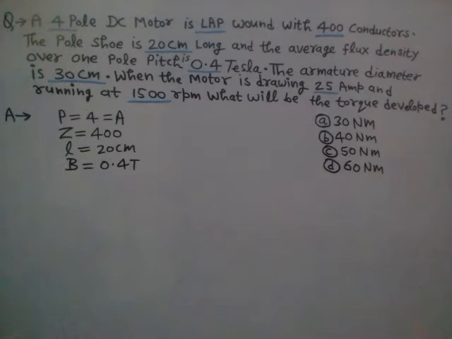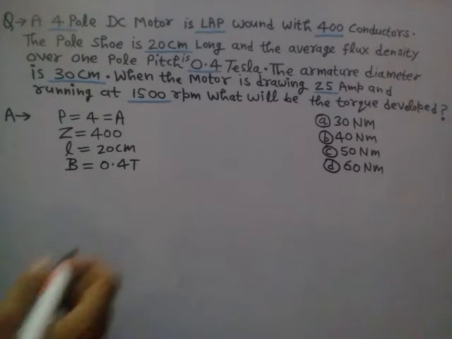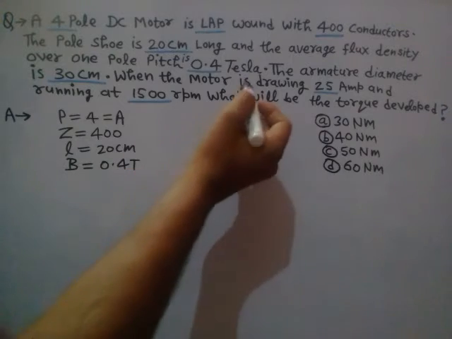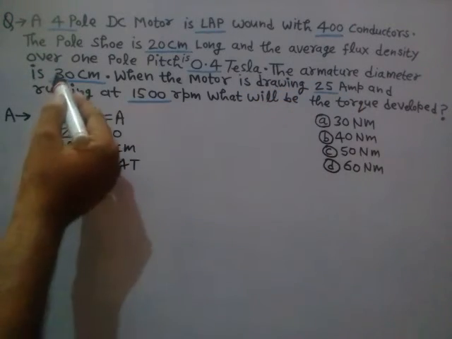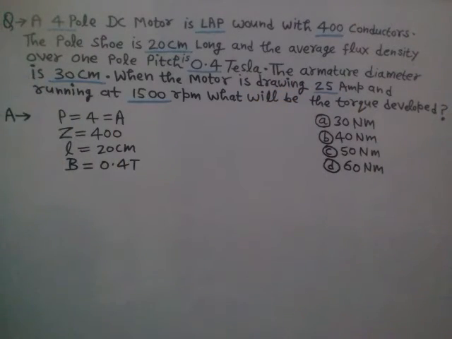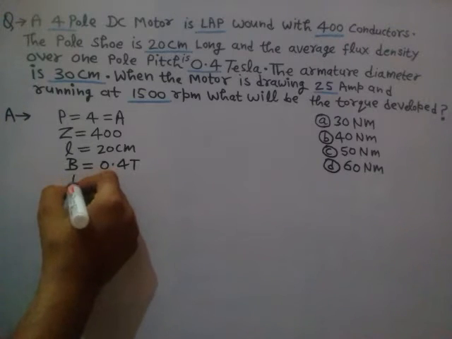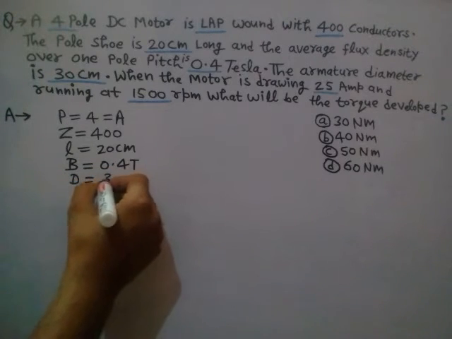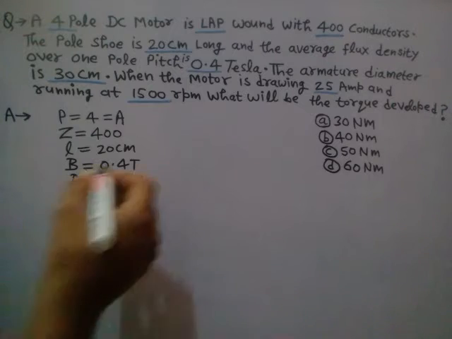Tesla is Weber per meter square; both are one and the same. Now the armature diameter is 30 centimeter. The diameter of the armature is given as 30 centimeter.